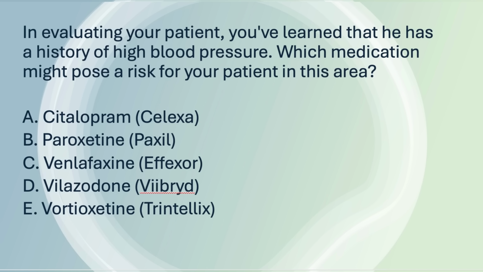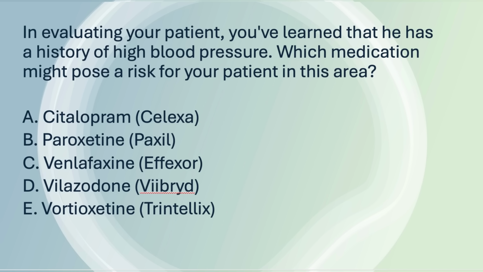Viibryd acts as an SSRI and a partial 5-HT1A receptor agonist. So it does not affect norepinephrine and is generally neutral on blood pressure. And then E is Trintellix. Trintellix is an antidepressant that affects serotonin receptors and reuptake, but not norepinephrine, so it has no hypertensive effect. So just some clinical insights about this question.